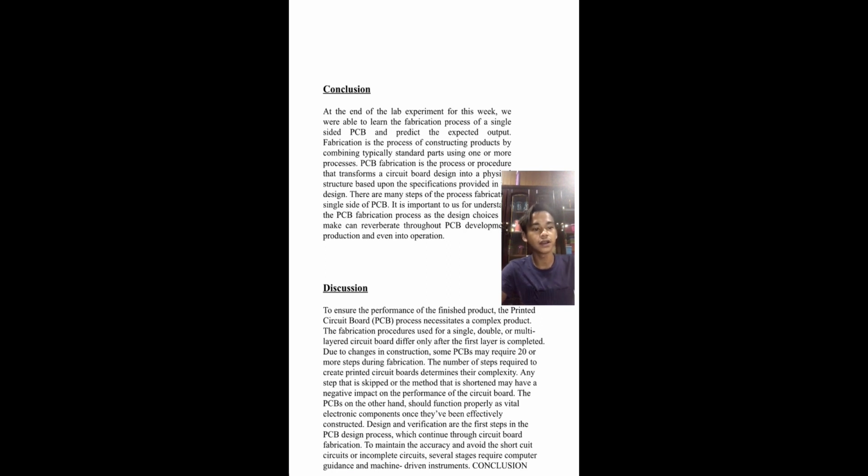The fabrication procedure used for a single, double, or multi-layer circuit board differs only after the first layer is complete. Due to changes in construction, some PCBs may require 20 or more steps during fabrication. The number of steps required to create a printed circuit board determines their complexity.